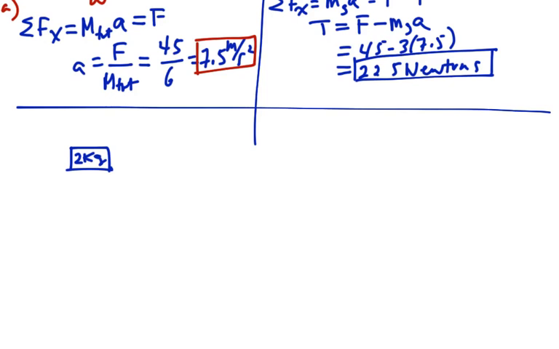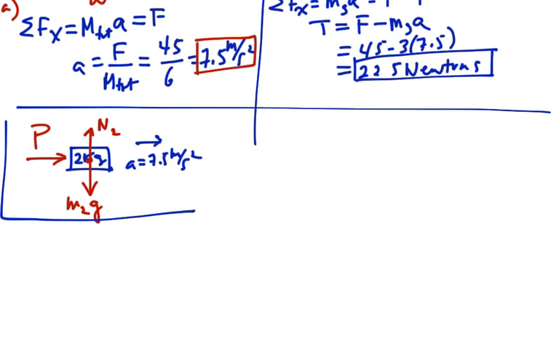Labeling all the external forces acting on it, we've got the pushing force P from block number 1 on it, and nothing else in the x direction. Of course, we have weight, m2g, and we would have a normal force, let's call it n2, but they're transverse to the motion. All this accelerates to the right with a value of 7.5 meters per second squared.